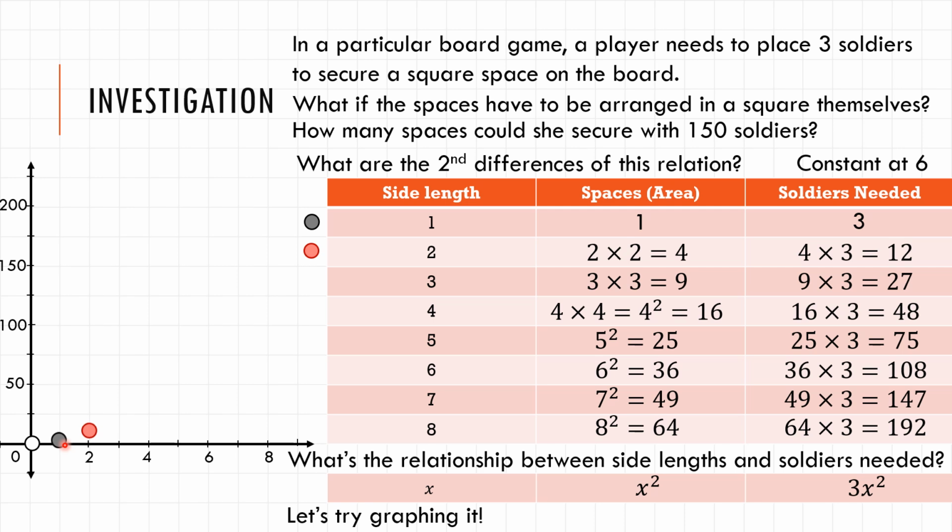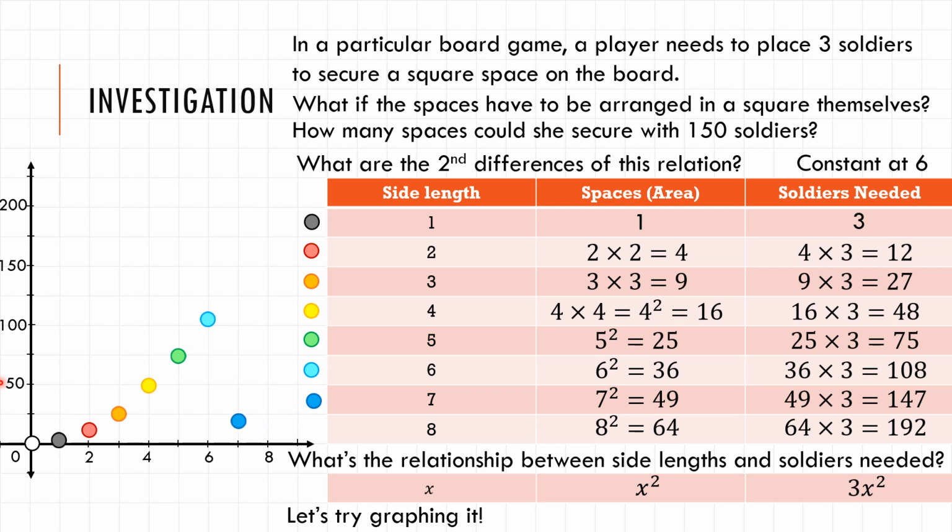So there's 2 and up to 12. 12 is about halfway between 0 and 25. And then let's just keep going with that. 3 and 27. 4 and 48, so just below 50. 5 and 75. 6 and 108.